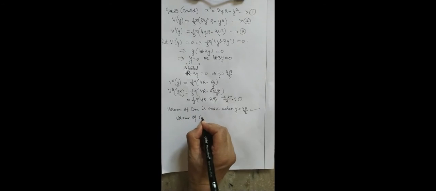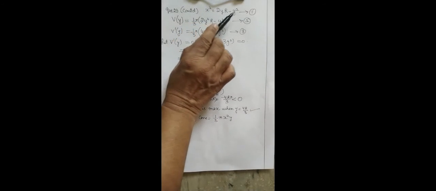It was written on the last page actually. Now I am having the value of y, but I need to find the value of x square also. Only then I can find out the volume of the cone.